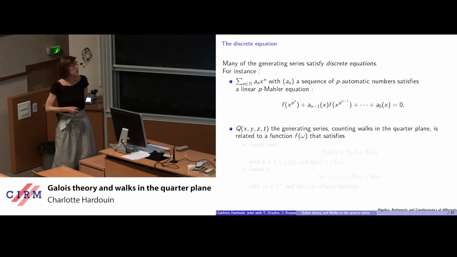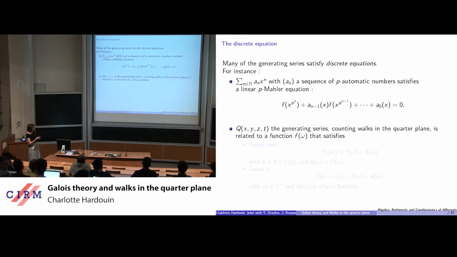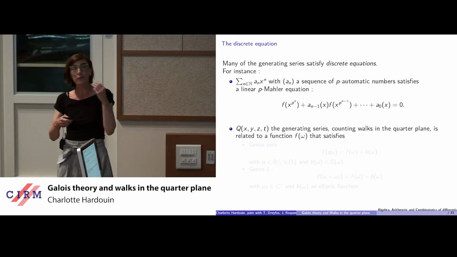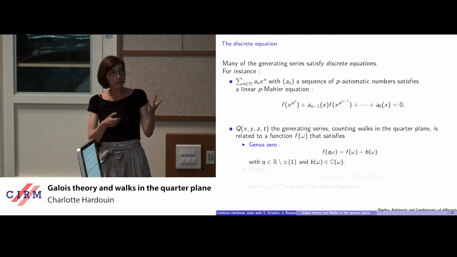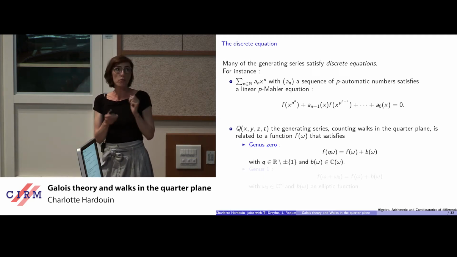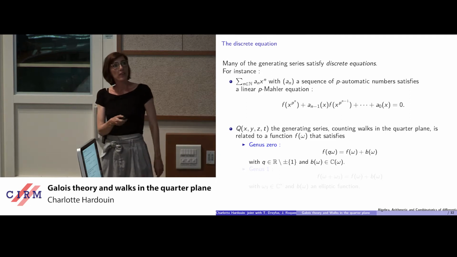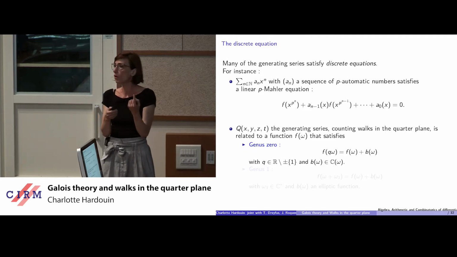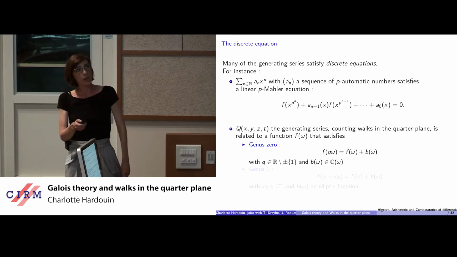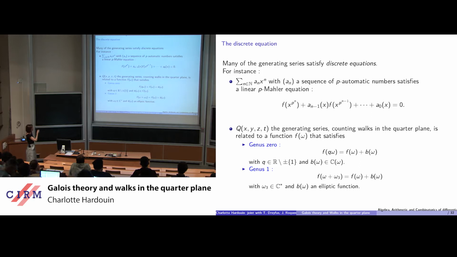For generating series counting walks in a quarter plane, you can relate these generating series, there are three variables, so I don't know why I put a z, there's no z, to functions in one variable that satisfy, depending on the case, in genus 0, so I will explain this later, a q-difference equation, which is of order 1 and non-homogeneous, with rational coefficients, and in genus 1, a finite difference equation, always of order 1, whose second member is this time an elliptic function.